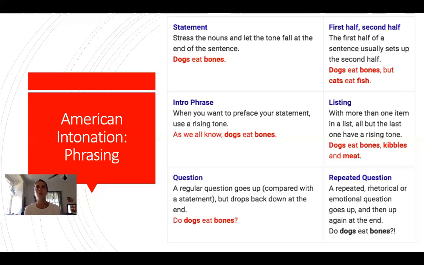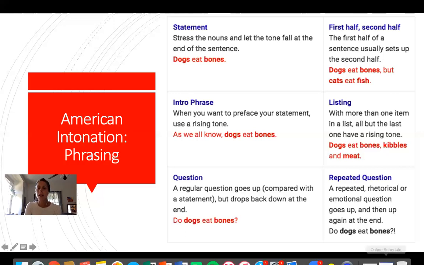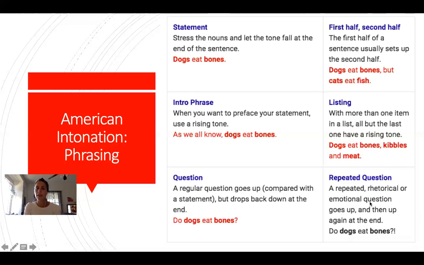So I could say, yes, you do have to do that homework. We really should have said, do I need to do this homework? But if we're still getting used to our grammar and we're still getting used to forming questions in grammar, a lot of times we can hear people put a rising intonation at the end for us to realize that it's the question. Yep, a repeated question or rhetorical question goes up and then up again at the end.